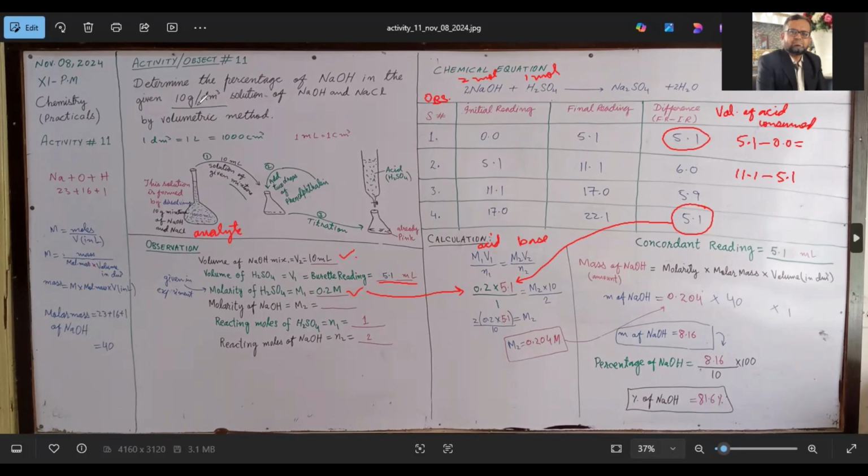See here, per decimeter cube is 1 decimeter cube. Otherwise, they must have written the volume of the analyte. So this is 1. And 40 is the molar mass of the sodium hydroxide.